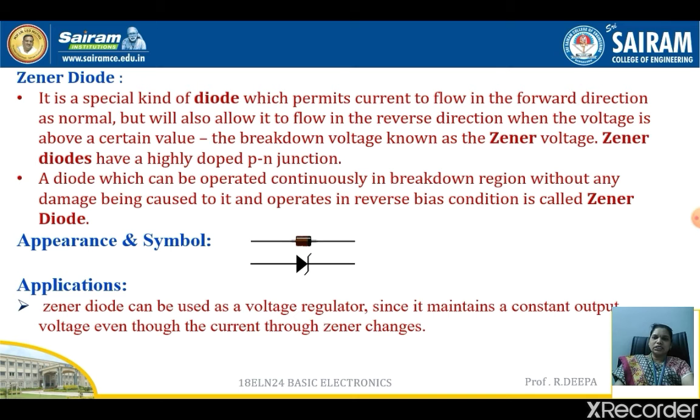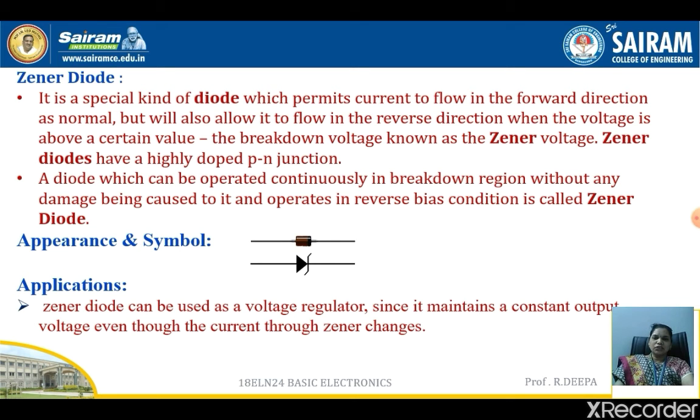Mostly all the Zener diodes have a highly doped PN junction. So we can define the Zener diode in another way: it is a diode which can be operated continuously in the breakdown region without any damage being caused to it, and it operates in the reverse bias condition. Below this, we can see the appearance of a Zener diode and its symbol.